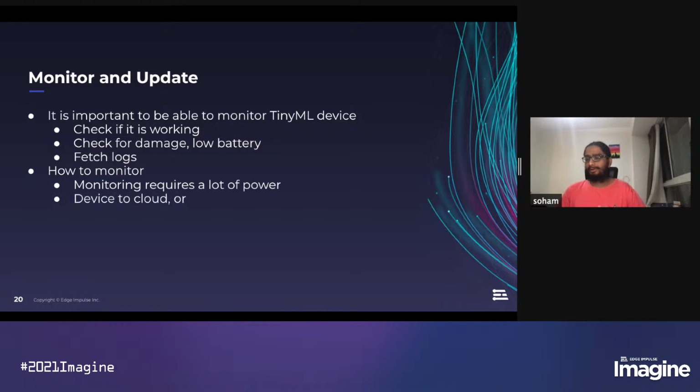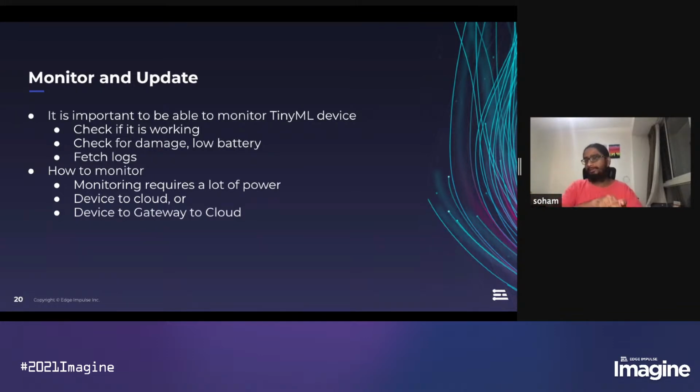So how you can monitor is you can either have your device send requests to the cloud, using either a cellular network or Wi-Fi, which will take up a lot of power, or you can have a gateway that connects to multiple TinyML devices.